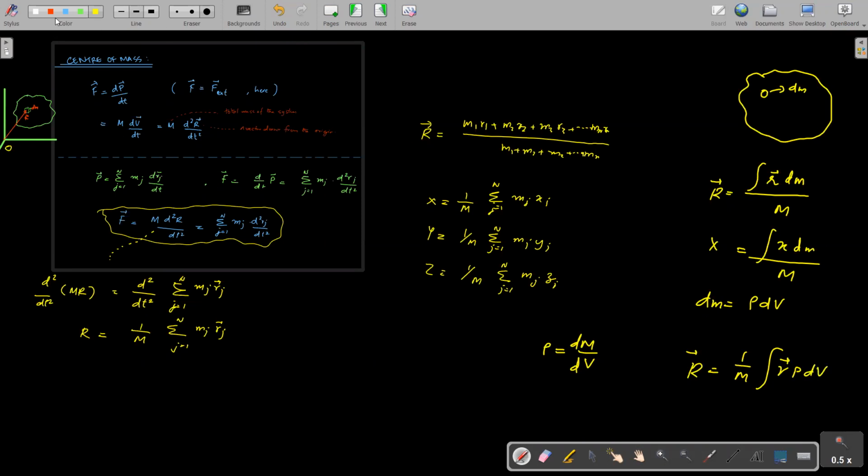So by finding this thing out, we'll be able to find out the vector to the center of mass, okay.